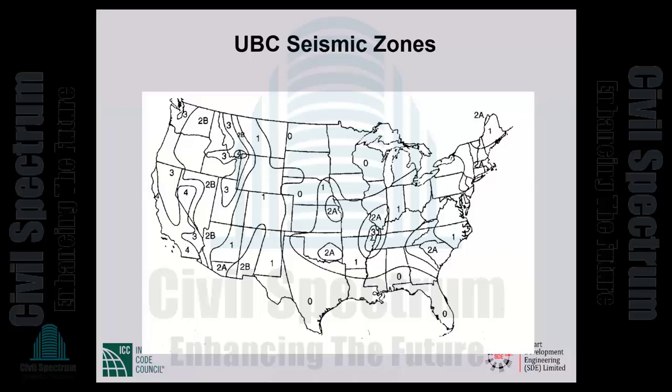These zones also determine height limits on structural systems. In zones 3 and 4, we had height limits. Special shear walls could not be more than 160 feet tall.